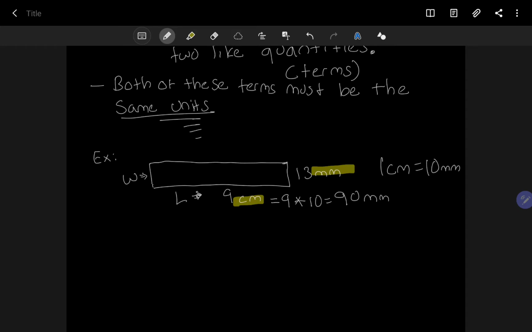So if I'm comparing the width to the length, what I'm saying is 13 millimeters to 90 millimeters.